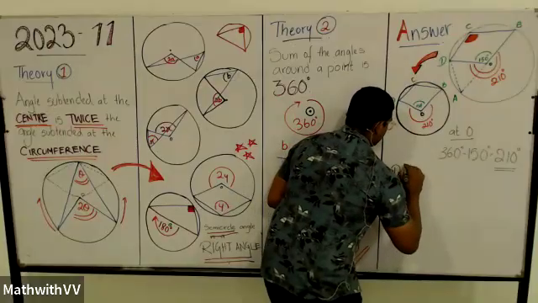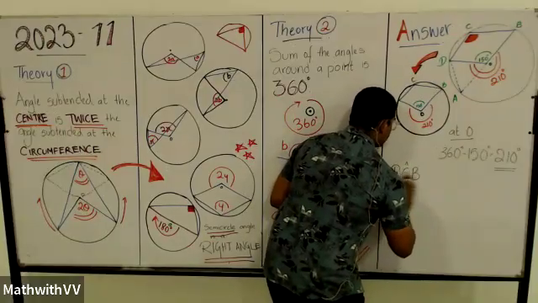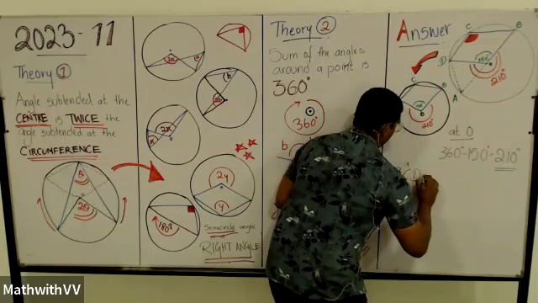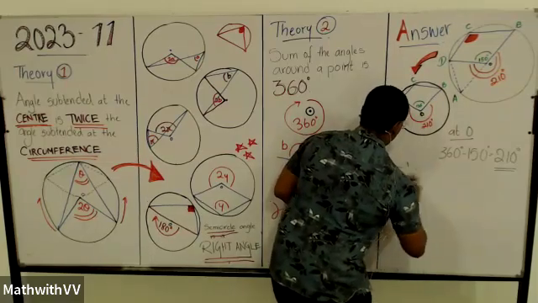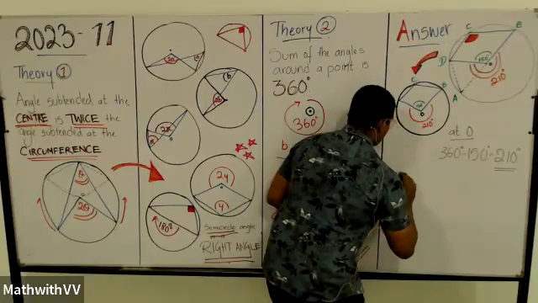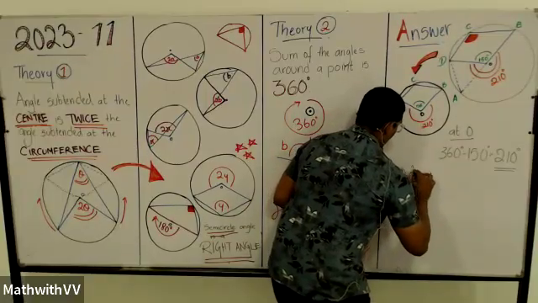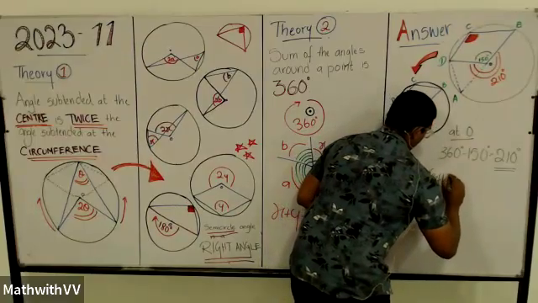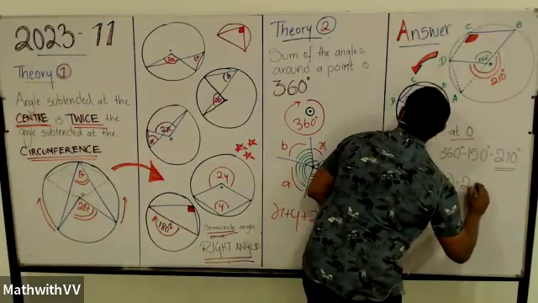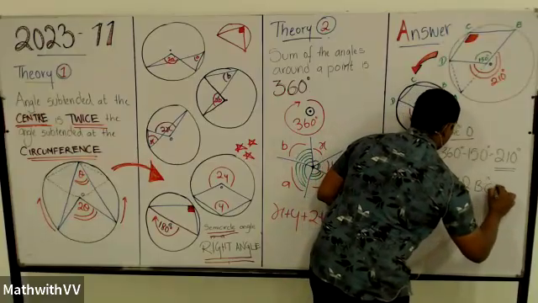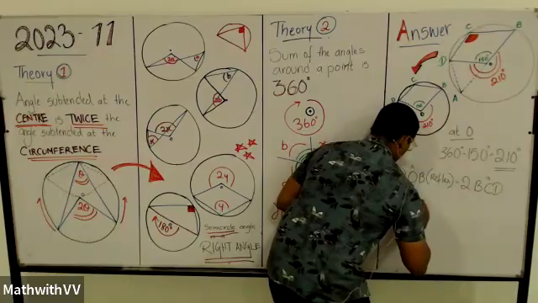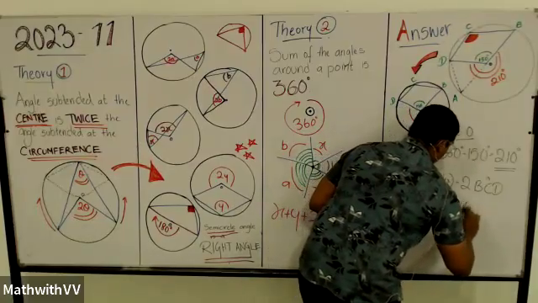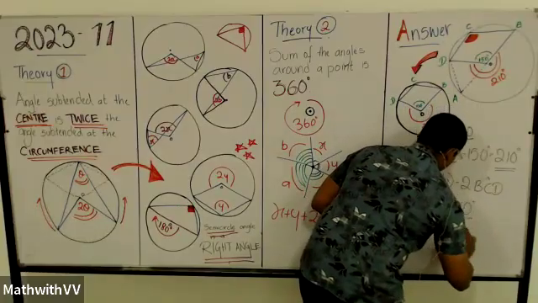DCB or BCD equals, sorry, I'll write it the other way. DOB reflex equals 2 times BCD. So BCD equals 210 degrees divided by 2.